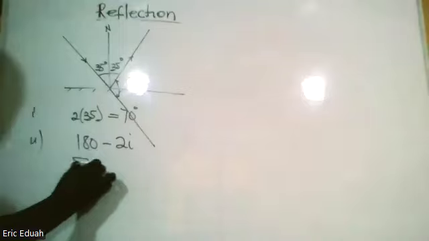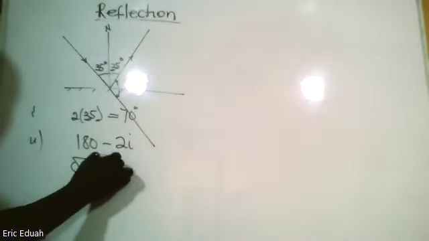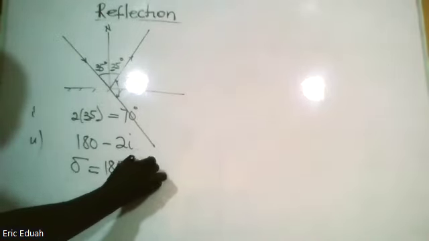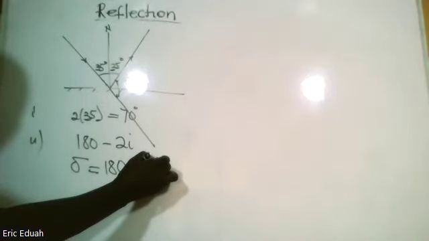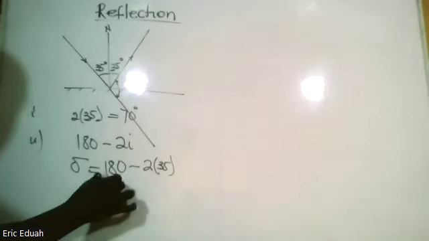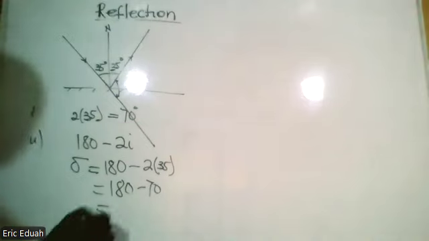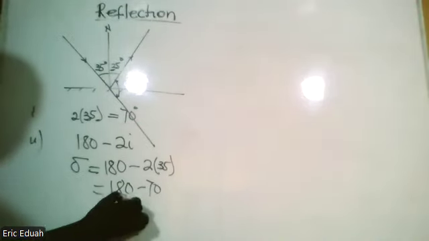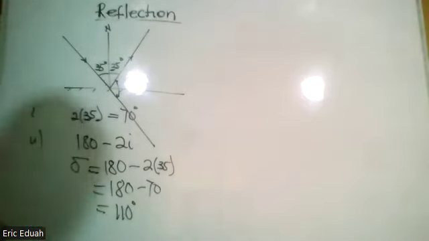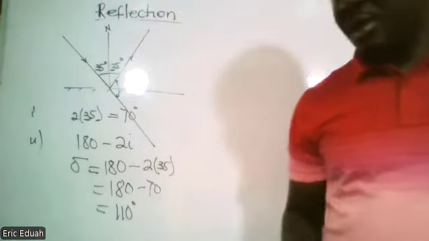So sigma, the angle of deviation, is equal to 180 minus 2 times i, which is 35. So 180 minus 70, which is 110 degrees.